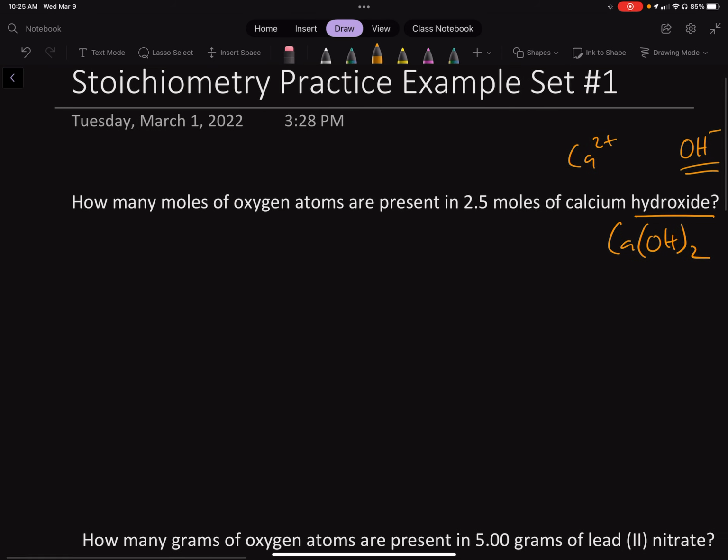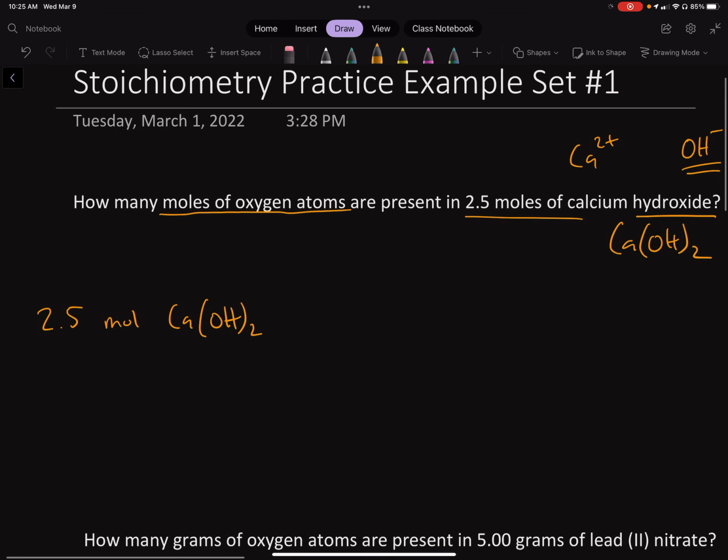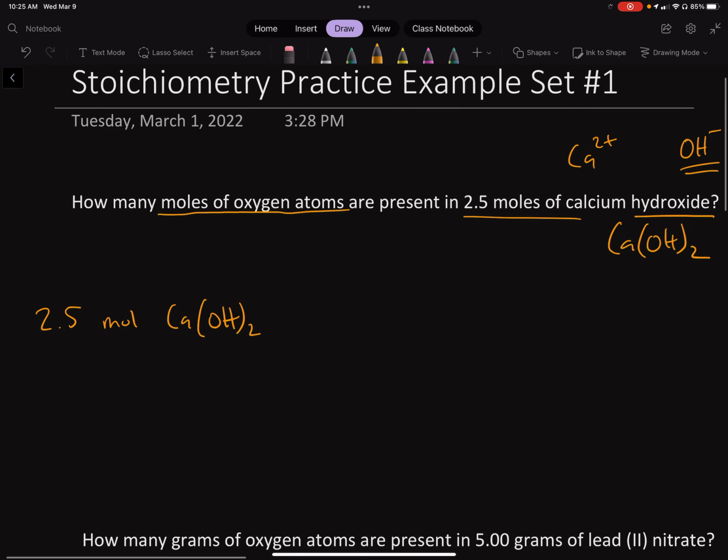Actually setting up the problem, we start with 2.5 moles of calcium hydroxide, and we need to convert to moles of oxygen atoms. We're already in moles and getting to moles, so we only need 1 conversion here.